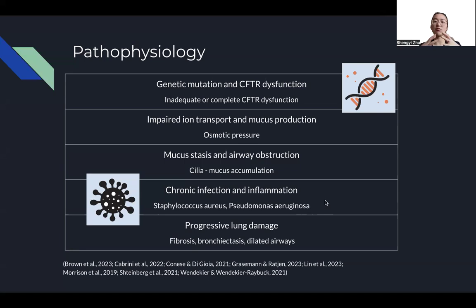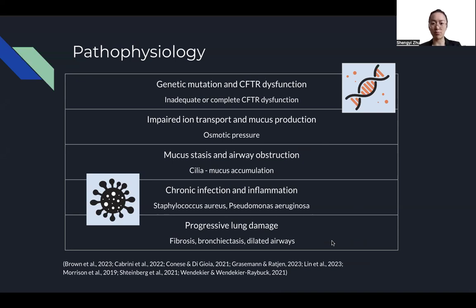Chronic infection can result from the proliferation of common bacteria like the ones listed here. An inflammatory reaction brought on by recurring infections destroys the walls of the airways further. The cycle of mucus production, infection, and inflammation leads to structural alteration in the lungs over time.